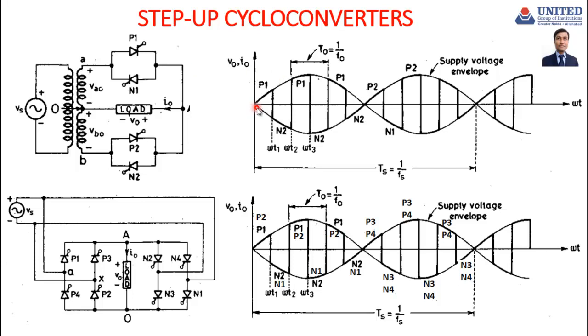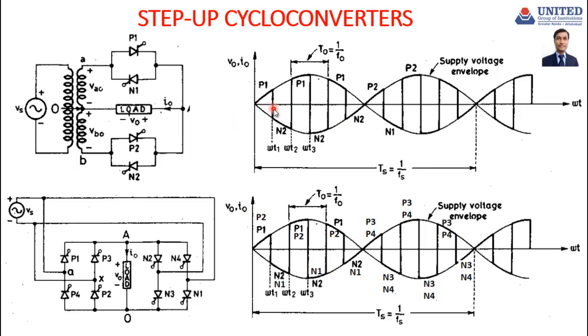Therefore, from omega t is equal to 0 to omega t is equal to pi, SCR P1 is turned on at omega t is equal to 0, so that the load voltage is positive with terminal A positive and O negative. Now the load voltage follows the positive envelope of the supply voltage.